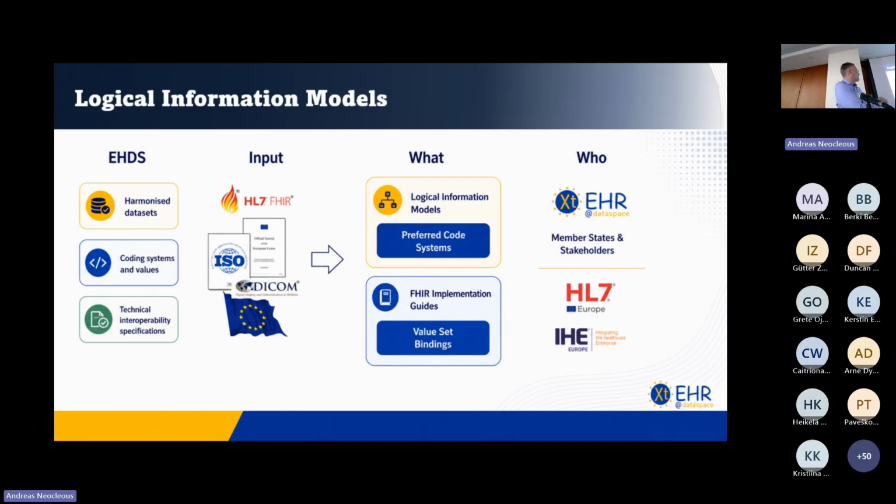Let's see. I don't have to explain to you the EHDS Article 15. We have read it, all of us, a few times at least. We have harmonized datasets, that's A, and coding systems and values, item B, and technical interoperability specifications.